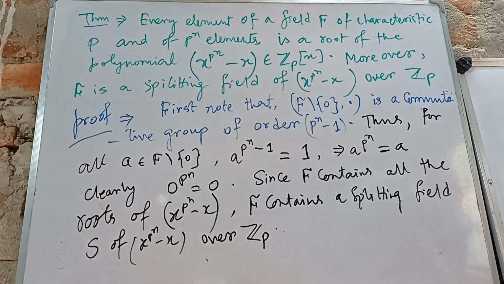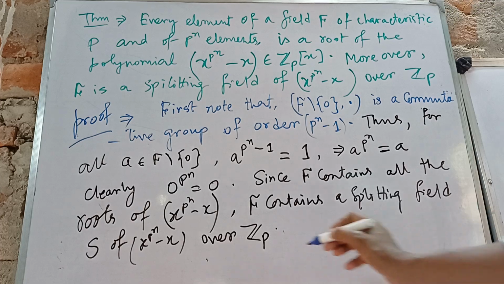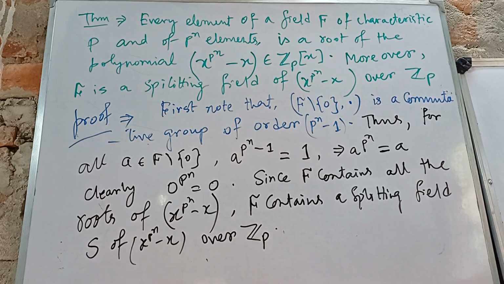Understood? Not a problem at all. Now that means F contains all the roots of this polynomial over Z_p, so F is exactly the set of all roots of this one.